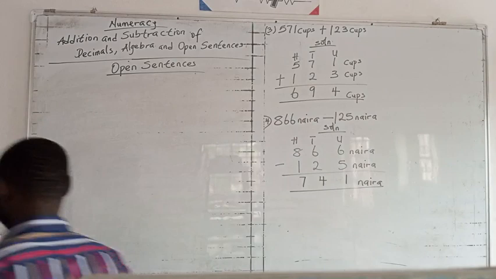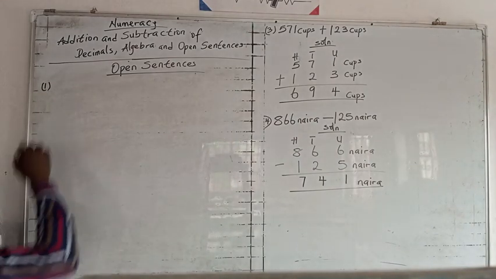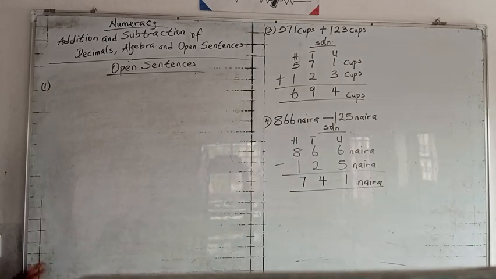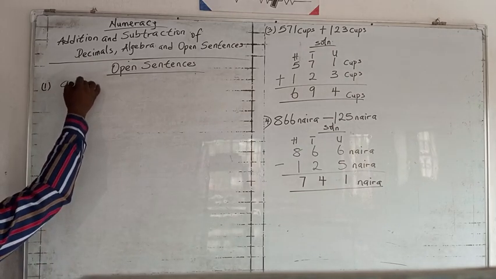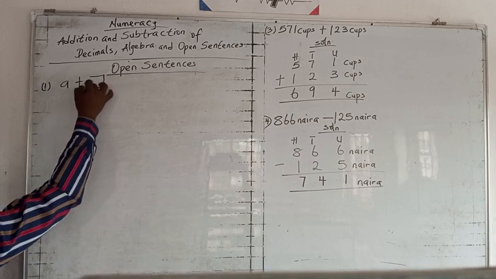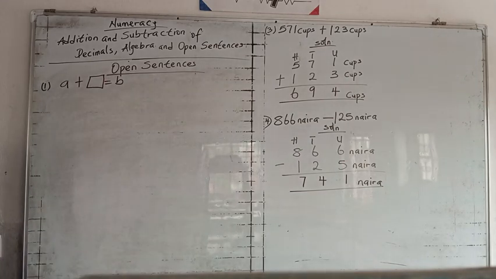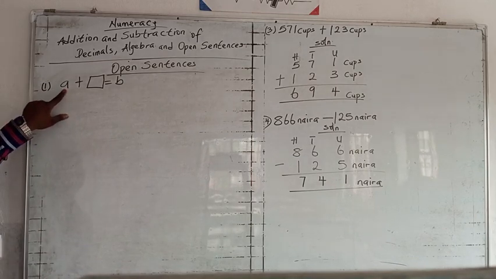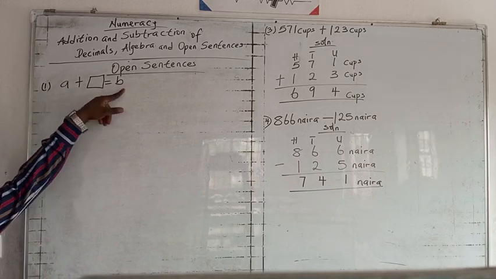Now, the first way, I'll call it number 1. An open sentence can ask you something like, I'm just going to use letters, don't get confused, they represent numbers. Something like A plus box equal to B. Whenever they give you something like this, it is like having 5 plus what will give us 9, for example.